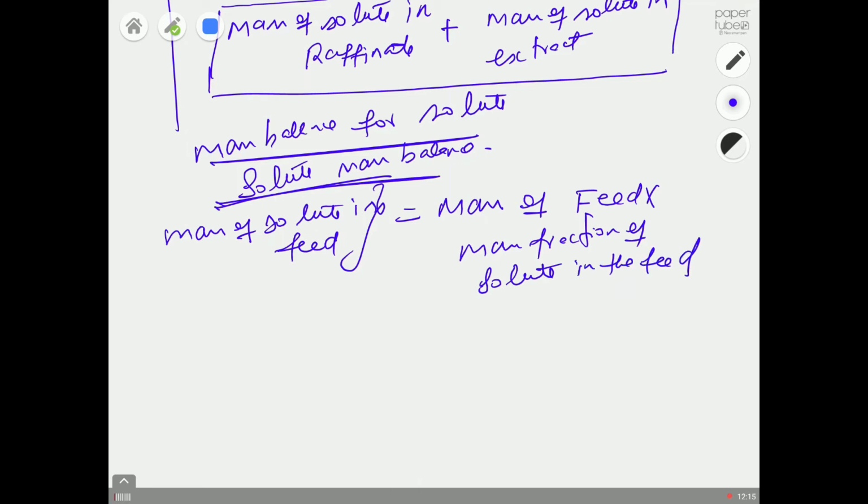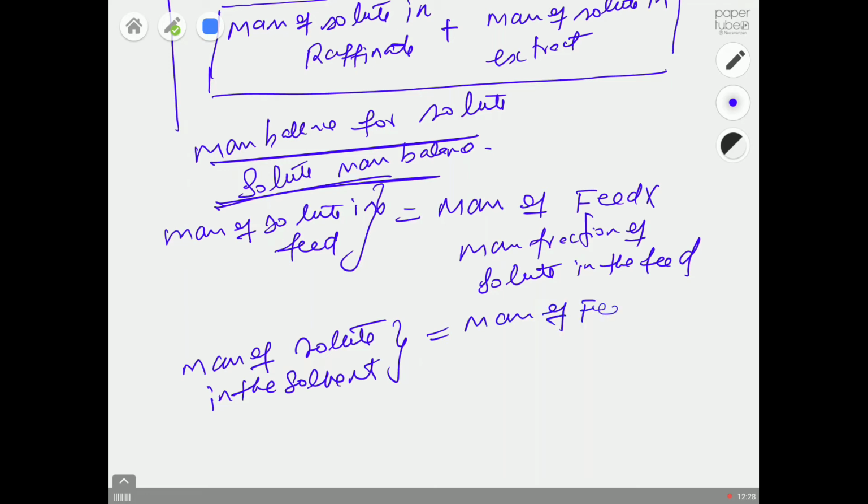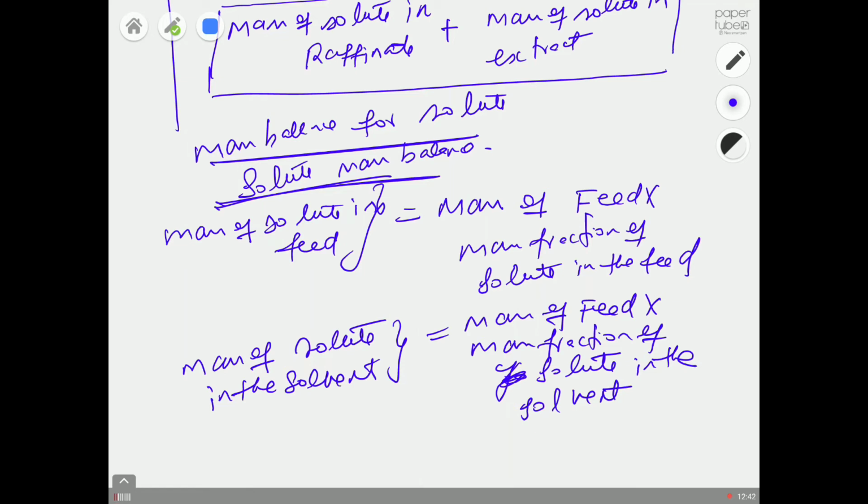The same rule applies for the mass of solute in the solvent: it is equal to mass of solvent multiplied by mass fraction of solute in the solvent. The same rule applies for mass of solute in raffinate and mass of solute in extract.